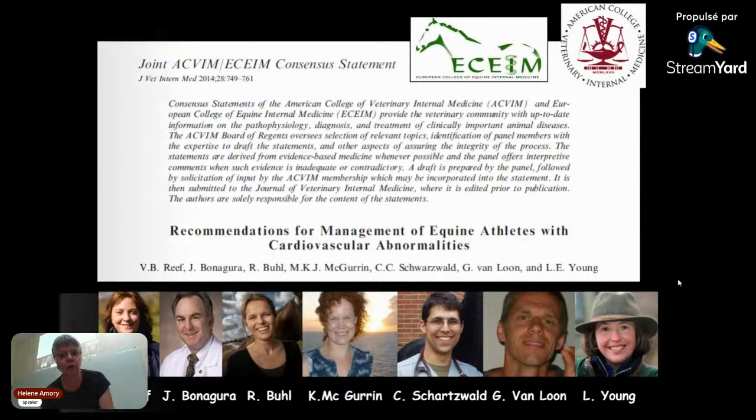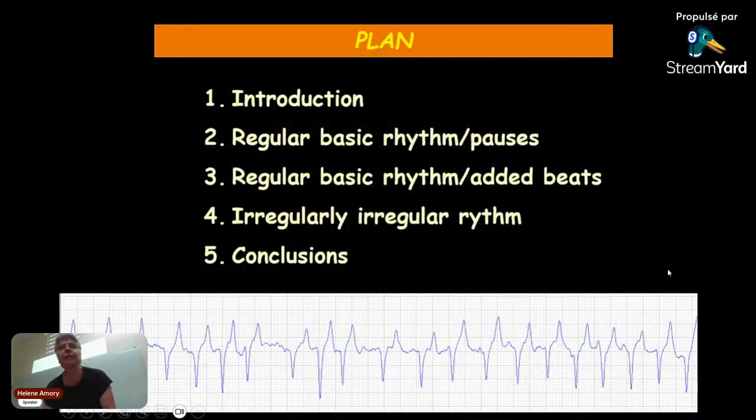I'm not going to develop everything, but in most cases, when we have an arrhythmia, the rhythm of the heart is not regular. You can have different kinds of arrhythmias. The first is a basic normal rhythm with sometimes a missing beat. Or you can have an additional beat in a regular basic rhythm.